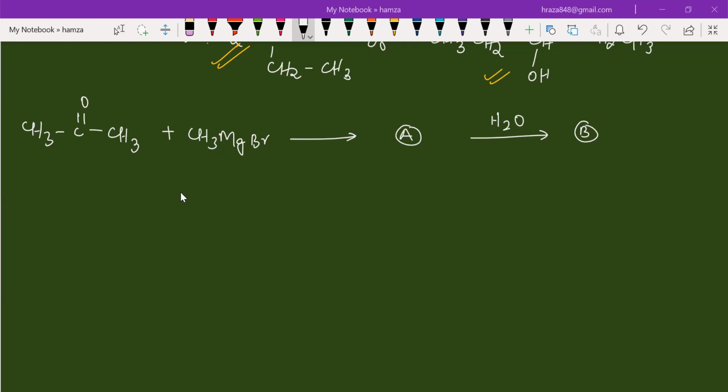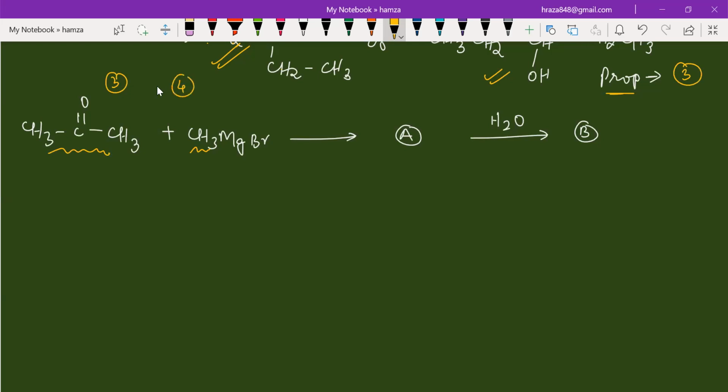So it will be propane-2-ol plus MgBr. No, it's the wrong answer. Do you know what prop means? How many carbons? 3. And how many carbons does this have? 3. Since they are combining, the product will be of the combination of the carbons.